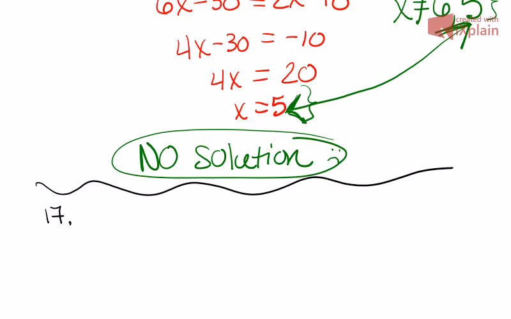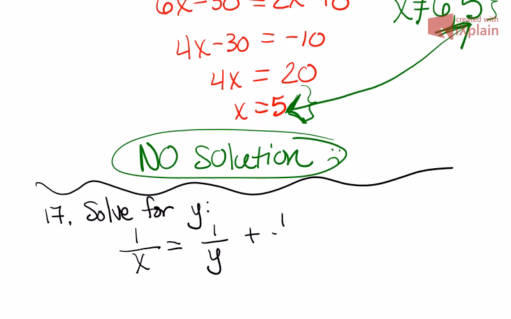417. Let's see. Okay, we want to solve for y. And we want to solve 1 over x equals 1 over y plus 1 over z. Solve for y really just means that y is our end goal. We want y by itself, not x like we usually do.